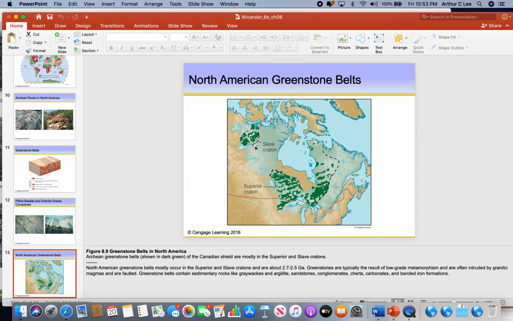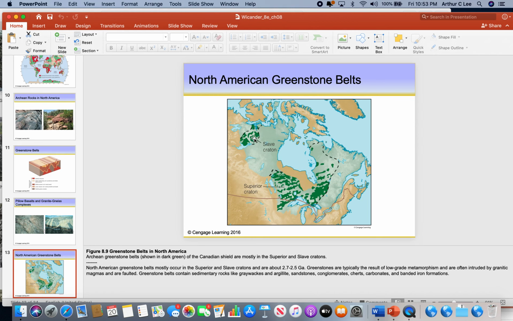Once again, cratons are where you have shields and platforms combined. Here is one craton, the Slave Craton up in the Northwest Territories in Canada. And you've got the Superior Craton here that goes through much of Canada, going to Manitoba, to Ontario, to Quebec, and even up into the Michigan area, northern Michigan.